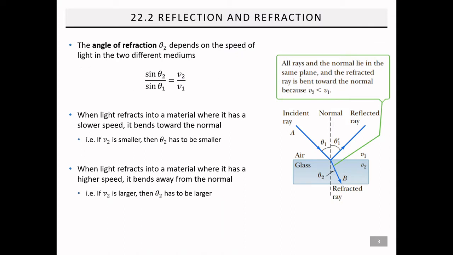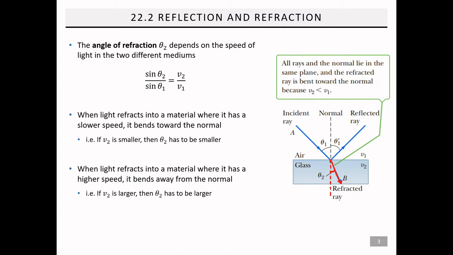The angle that the refracted ray bends also follows some rules. So first of all, let's mention that to measure the angle of refraction, you draw a normal line, and then you measure the angle between the normal line and the refracted ray. Now the angle of refraction, here called theta 2, depends on the speed of light in the two different media.